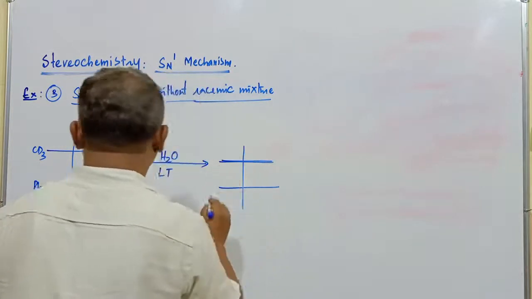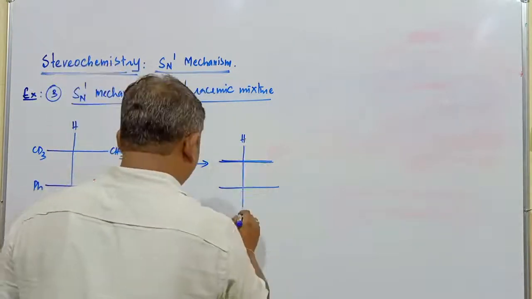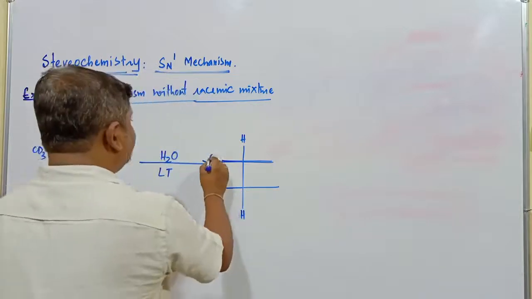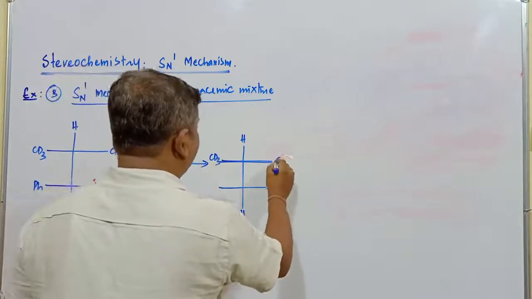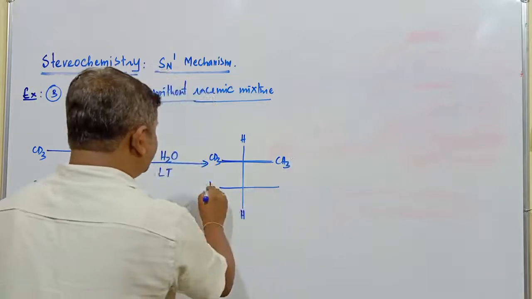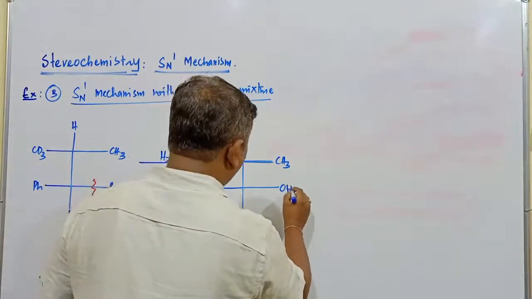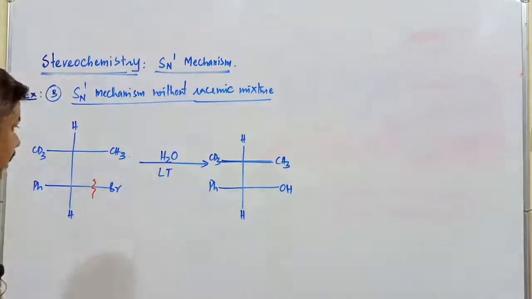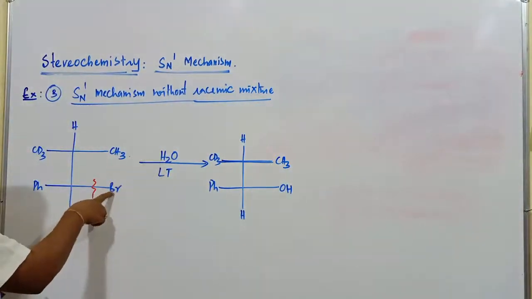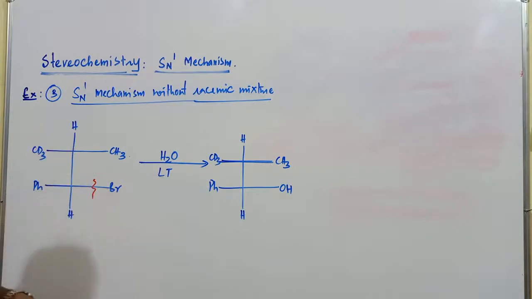Just you observe, this is hydrogen, next one is hydrogen, this is CD3 as it is, this one will be CH3, this is Ph. Now this is going to be OH minus. The nucleophile OH minus replaces the existing group, that is Br.